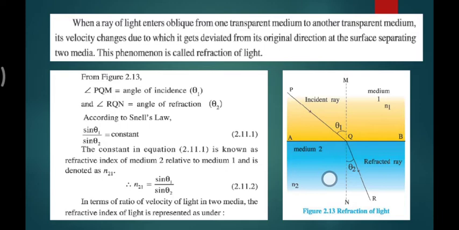It does not keep this when it travels through water, glass, diamond, or any other medium, so the velocity changes. Once your velocity changes, you deviate from your path. That is the way in which light deviates.